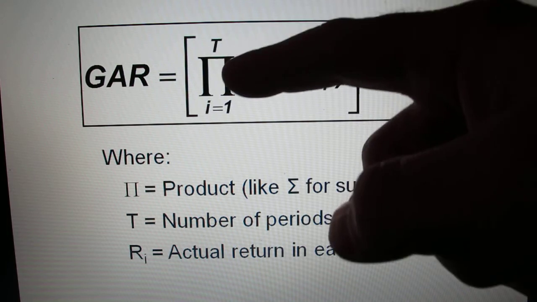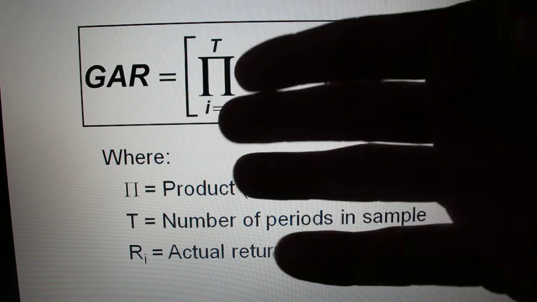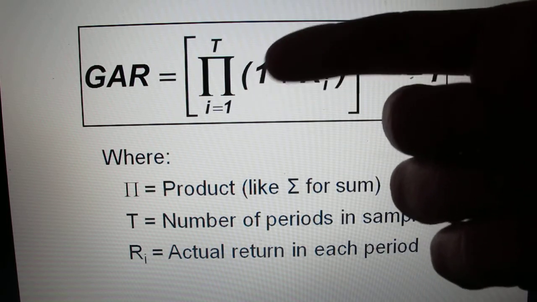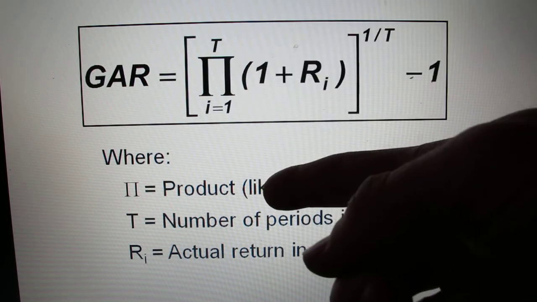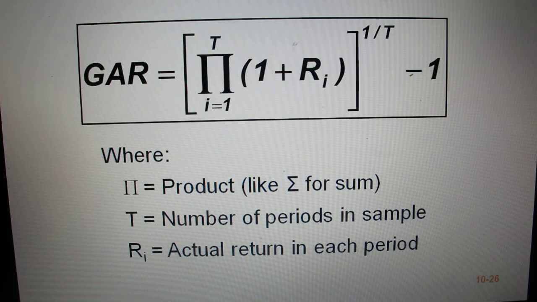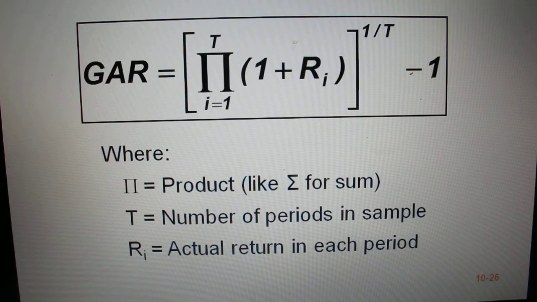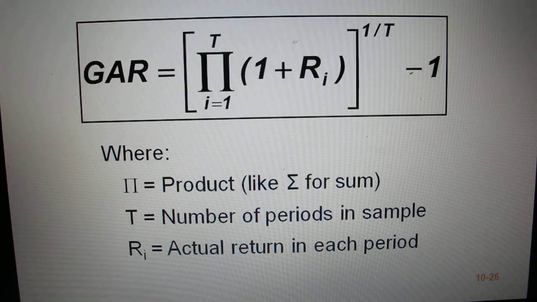If you recall, we used sigma a lot, and it means the same type of thing, except sigma meant sum, and pi here is going to mean multiply, so you see product. Once again, this is not something that we're going to get too in depth in, but it's good to be introduced to. And the reason that it's being introduced here is, once again, we've dealt with compounding in the course.